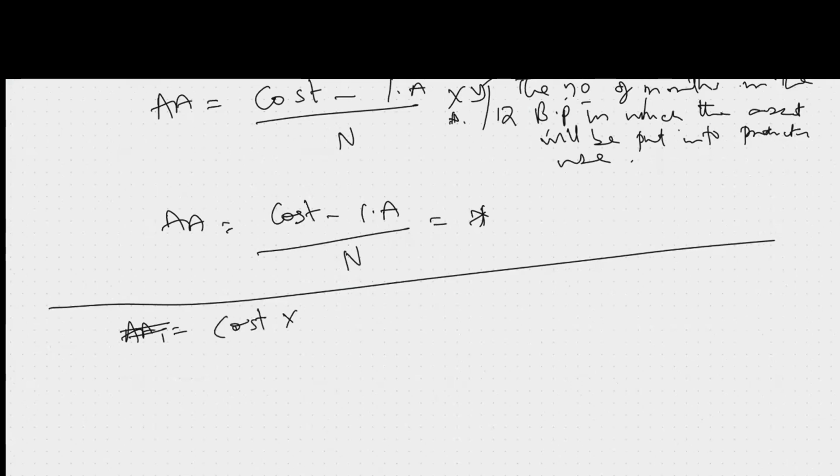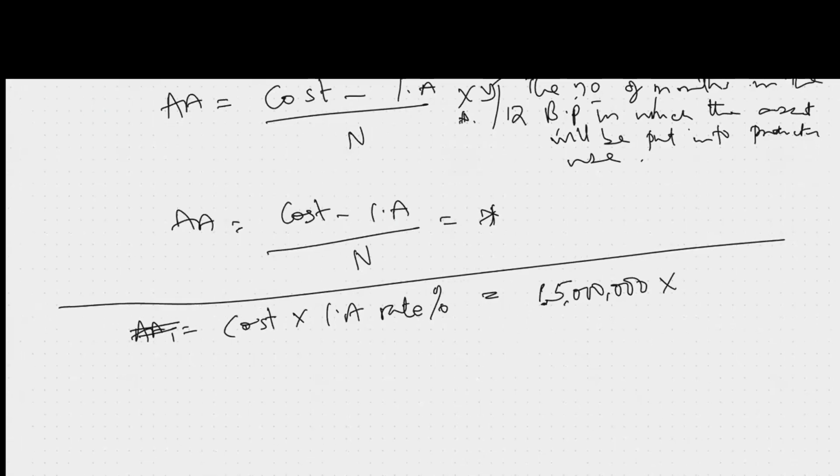The cost of this asset is 15 million naira, multiplied by the rate for motor vehicle or equipment, which is 50%. So that will be 750,000. You remember, I told you you do not prorate initial allowance.